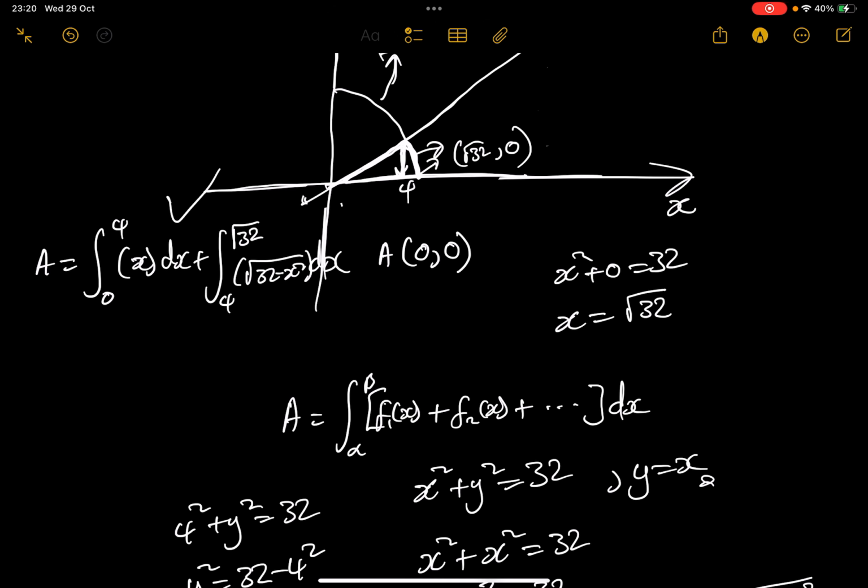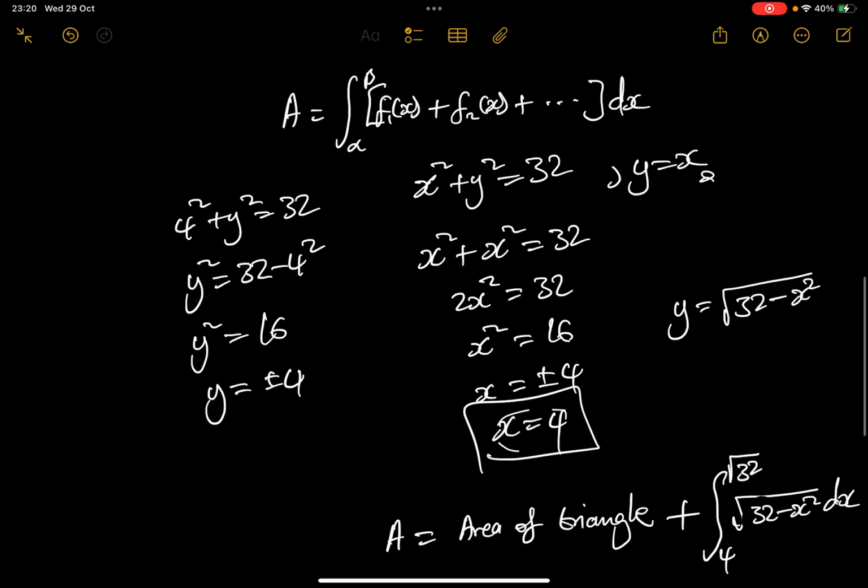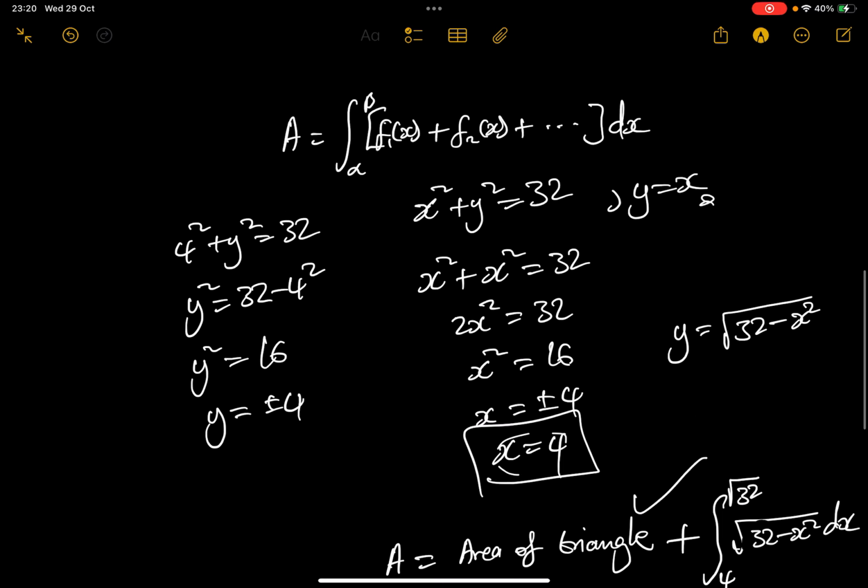You can use it like this, or you can use this way. Either way, it doesn't matter.